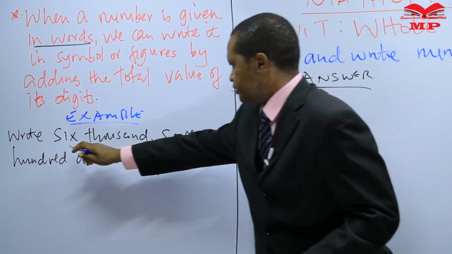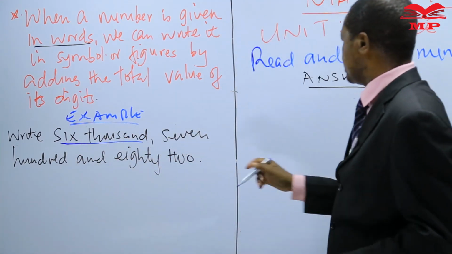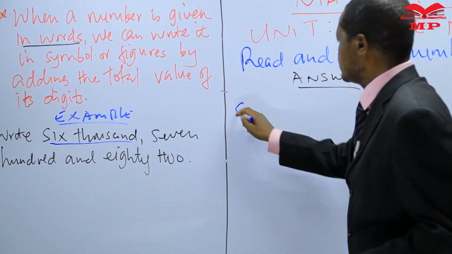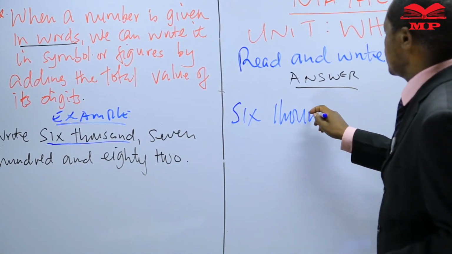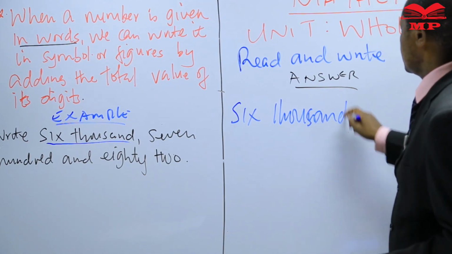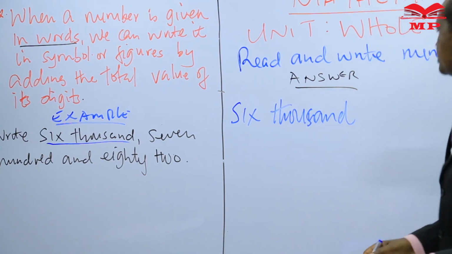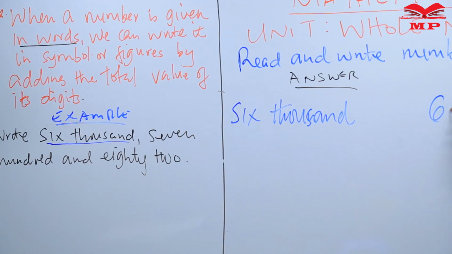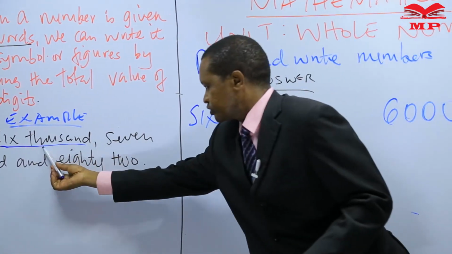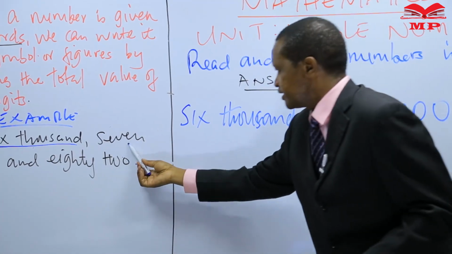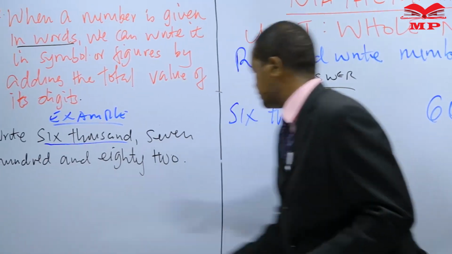6,000. You come here and write 6,000. 6,000 is written as 6,000, followed by 700.